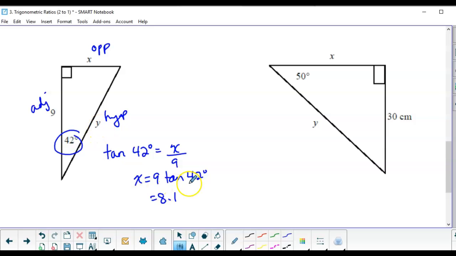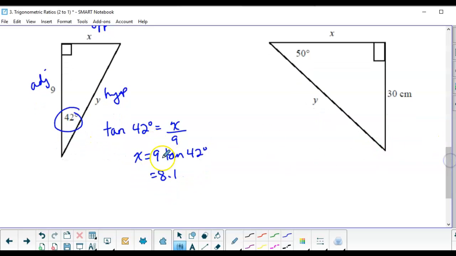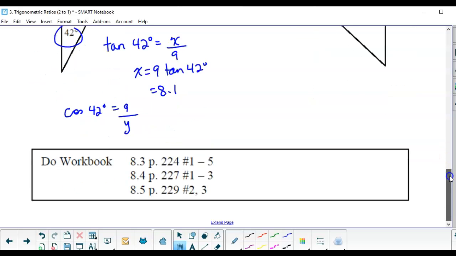Okay, now hypotenuse here. Now you could use Pythagorean theorem if you wanted to, because I have two sides, right? So I could, but I want to practice trig. And I always like to use measurements that have been given to me rather than rounded. So for this, I'm going to use cosine of 42 equals 9 divided by y, because I want to show you what happens here.